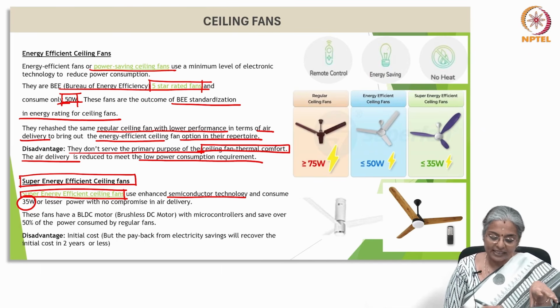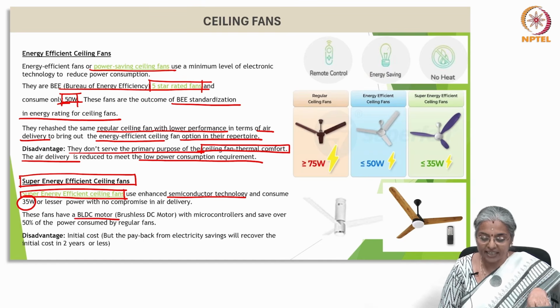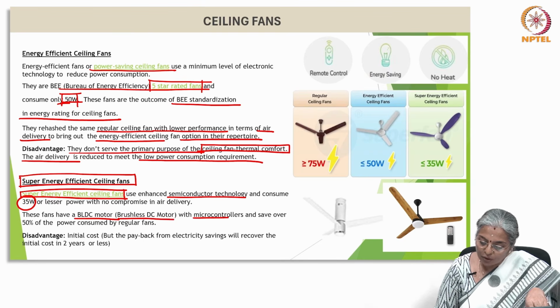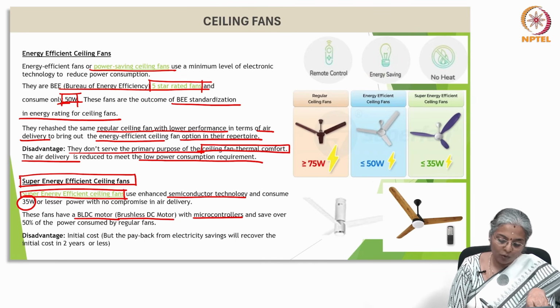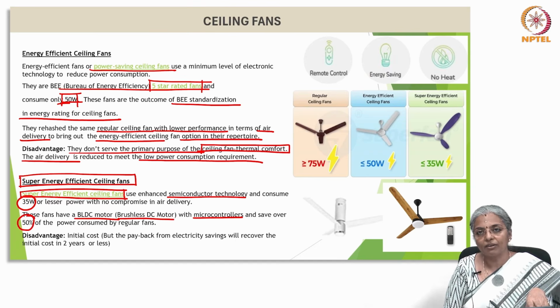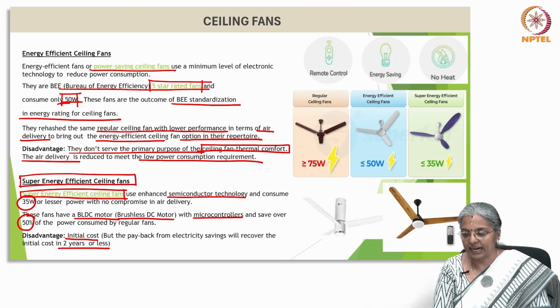Because these fans have a BLDC motor, which we have already seen in detail, brushless DC motor, which have microcontrollers and save over 50% of the power consumed by regular fans. Their only disadvantage is their initial cost. But of course, the payback period from electricity savings can be recovered in 2 years or even less than that.